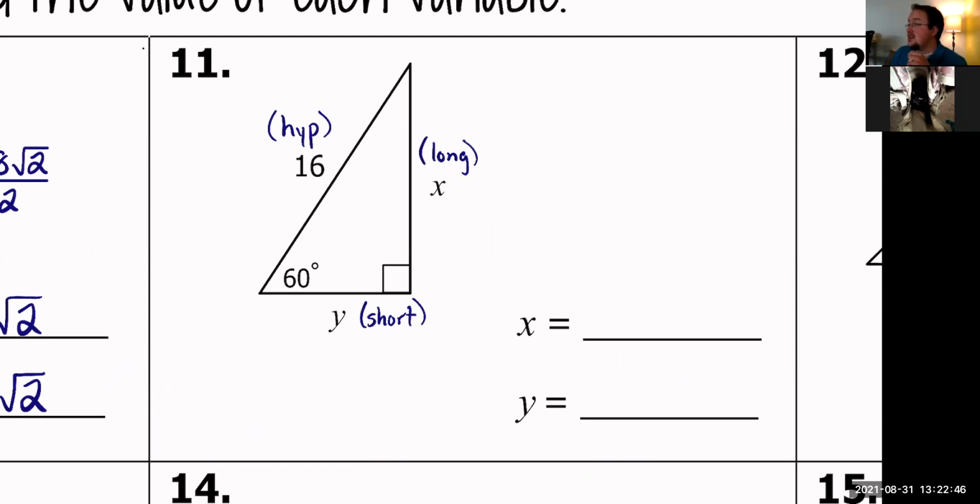Remember, on those 30, 60, 90s, we really want to find the short leg first anyways. And we're in luck. We have the hypotenuse, which is always 2 times the short leg. So how would I find out what the short leg was to begin with? Divide by 2. So y in this one is going to be 8. And then once you know the short leg, the long leg is just the short leg times the square root of 3.